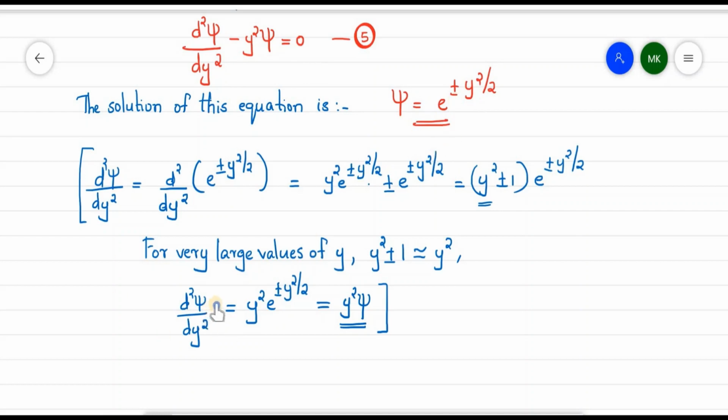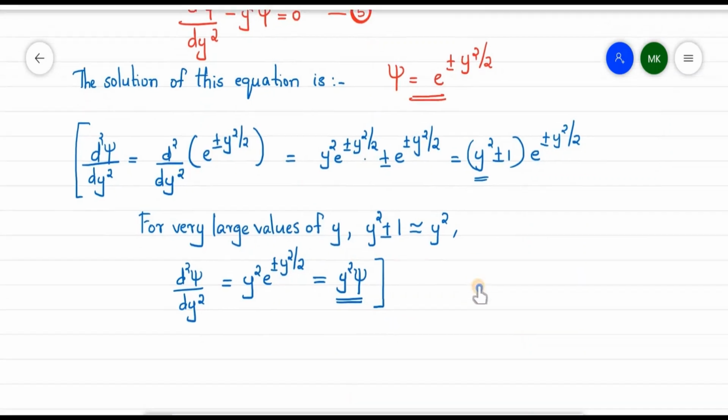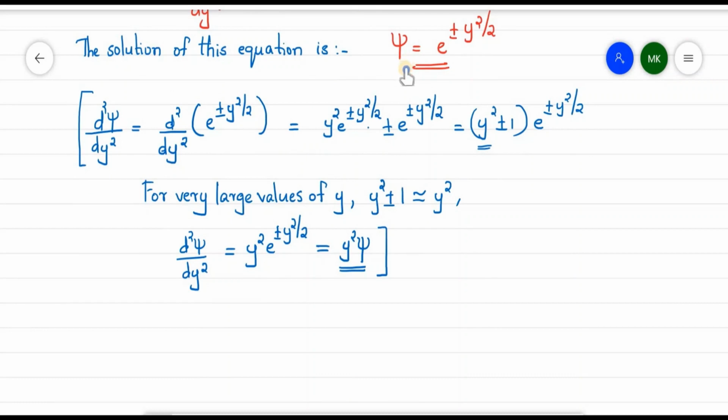So here d square xi by dy square is equal to y square xi, or d square xi by dy square minus y square xi equals 0, which is the same as equation 5. We have two solutions. Either xi equals e raised to plus y square by 2 or xi equals e raised to minus y square by 2.